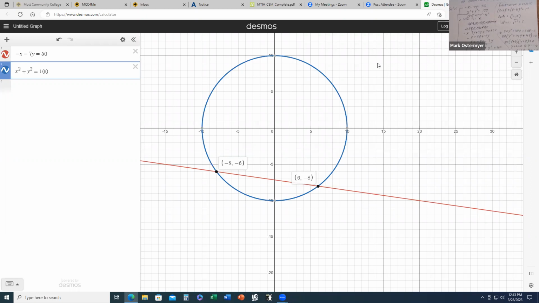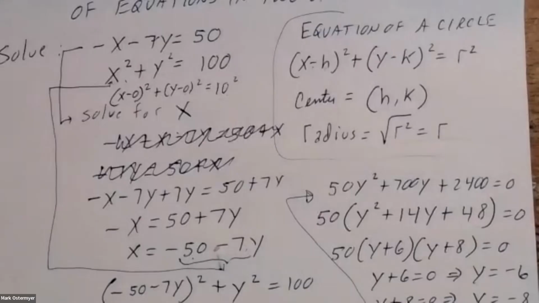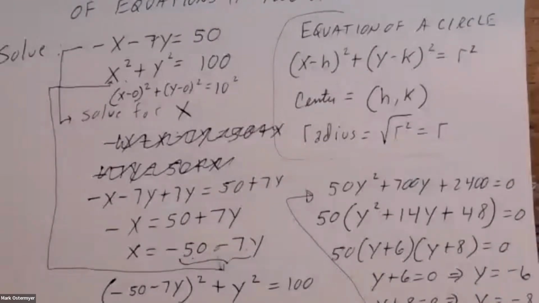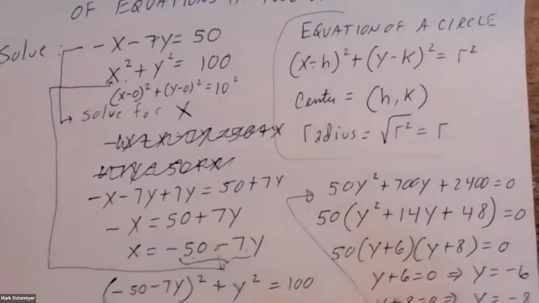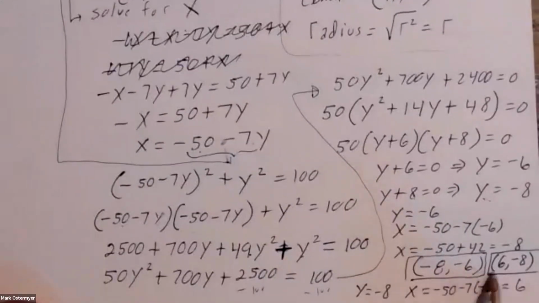Any questions about this problem? All right, so we solved it algebraically, but that's the graphical interpretation of what those two ordered pair solutions represent. Okay, let's try another one.